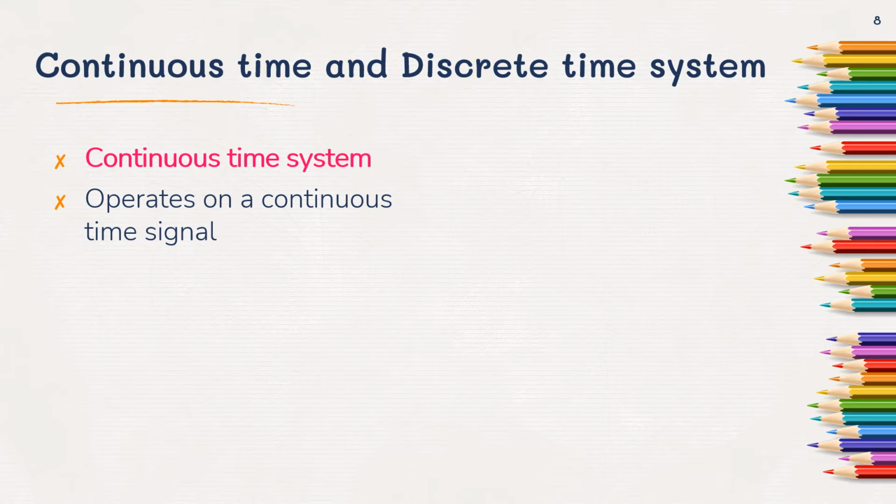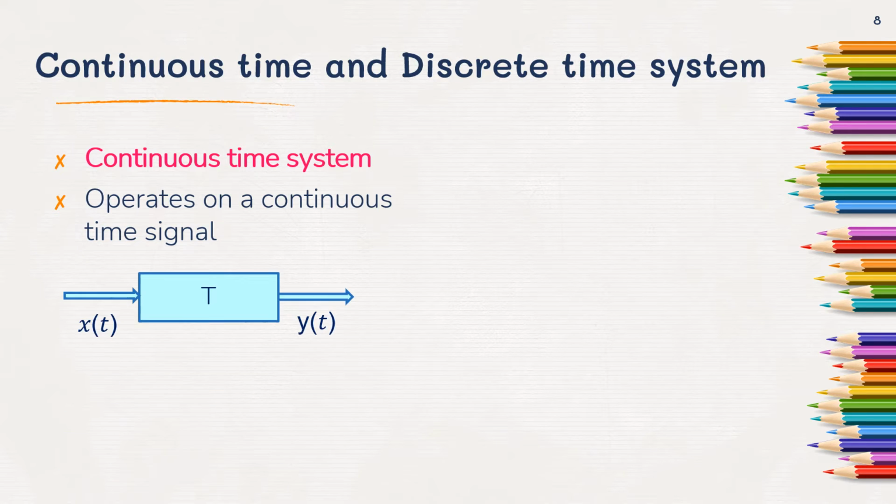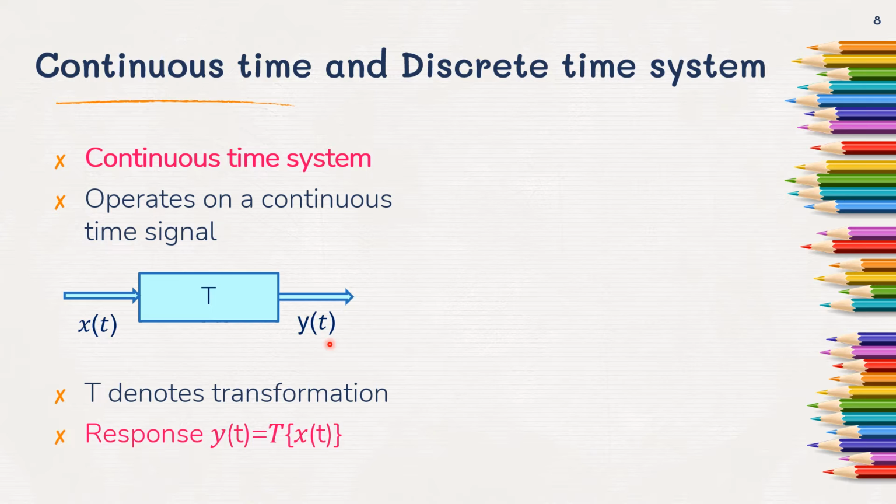Now see here, your input is defined as x(t). The output you get is y(t), and the system does some operation on the input signal x(t) so as to produce y(t). T denotes the transformation. So y(t) is nothing but the transformation applied on the input signal x(t).